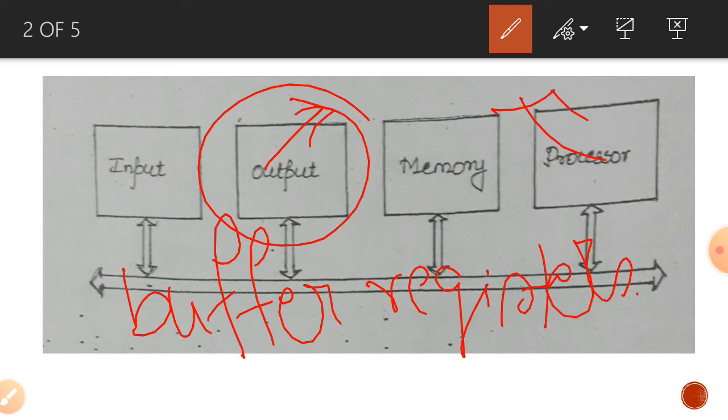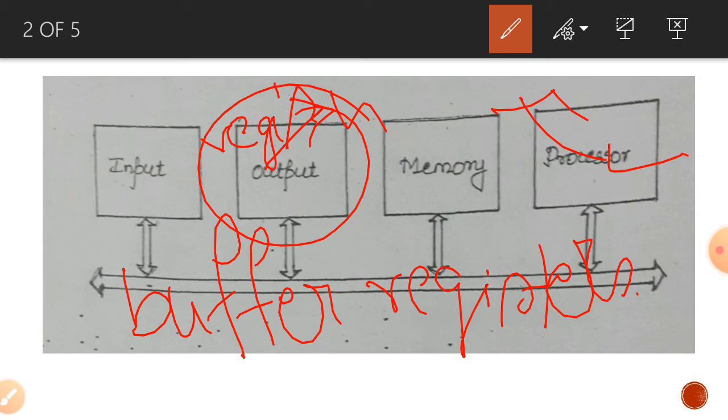Registers are faster than electromechanical devices.